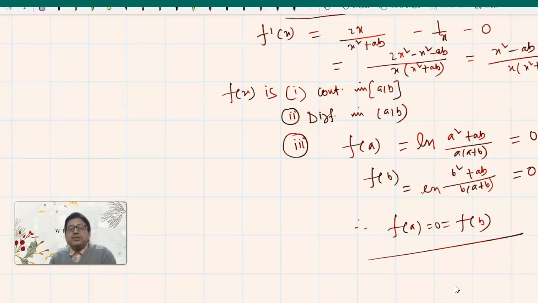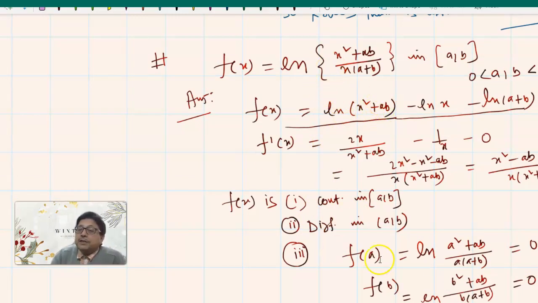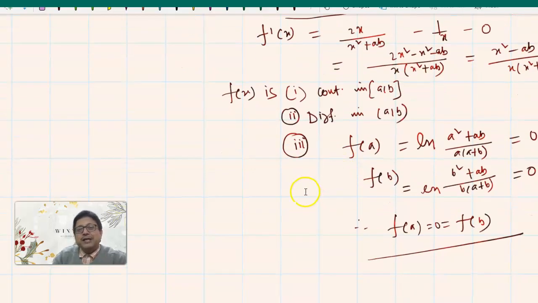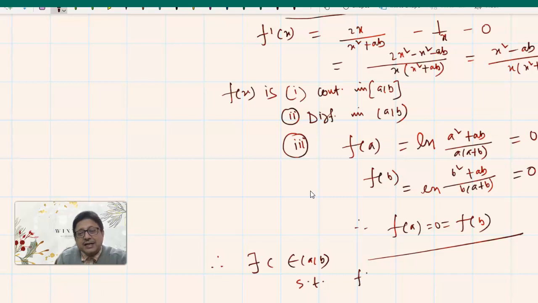So all the conditions of Rolle's theorem are satisfied for this function, but still we cannot say it is applicable over there. If it is applicable, we need to get a point c in between a and b where the derivative must be equal to 0. So there exists c in the interval (a, b) such that f dash c equals 0.